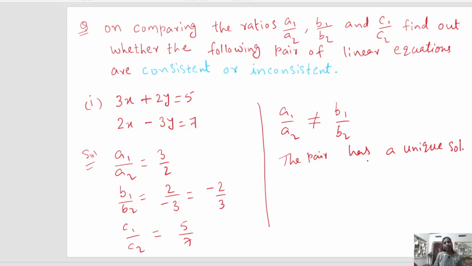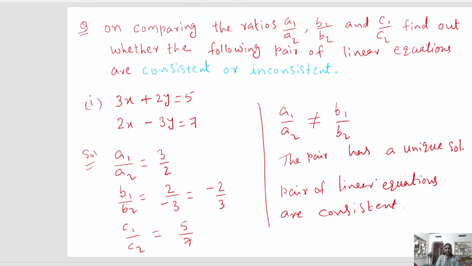The pair of linear equations has a unique solution, so we can conclude that the pair of linear equations are consistent. If we get a unique solution, then the pair of linear equations are consistent.